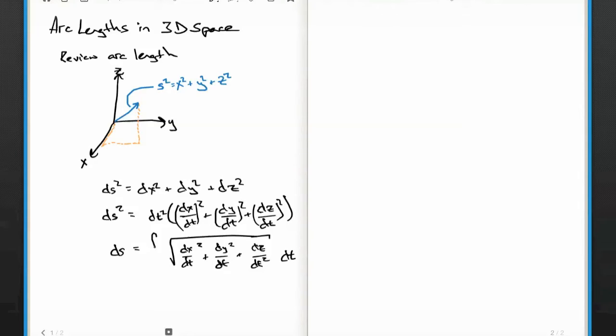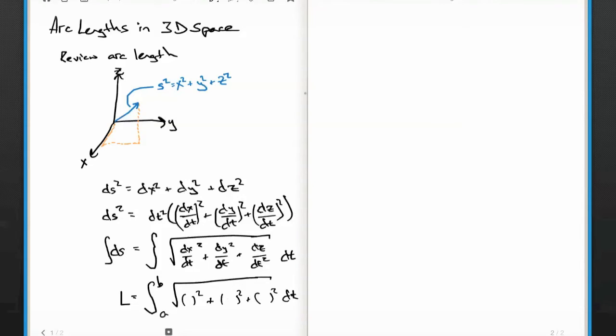And now I can integrate both sides, right? And then I'm left with the arc length equals the integral from some time a to some time b of the square root of all this stuff squared dt.